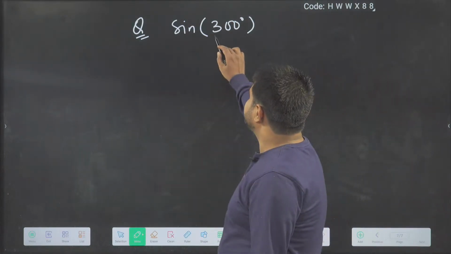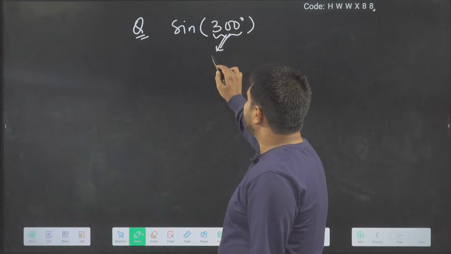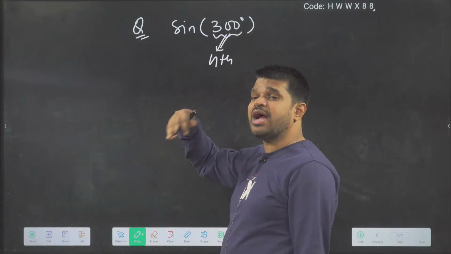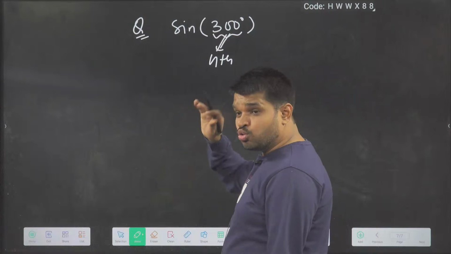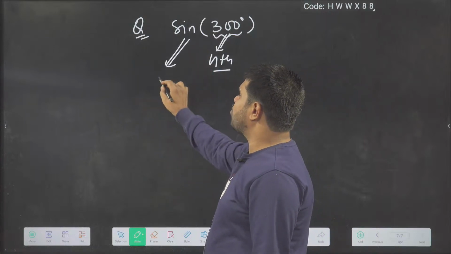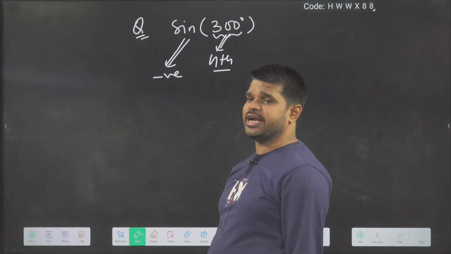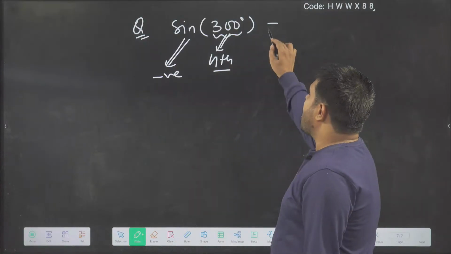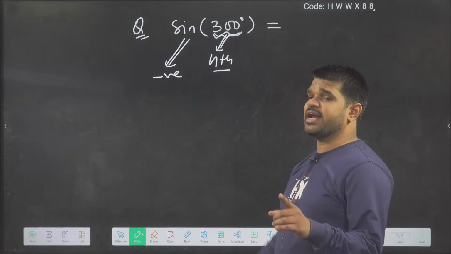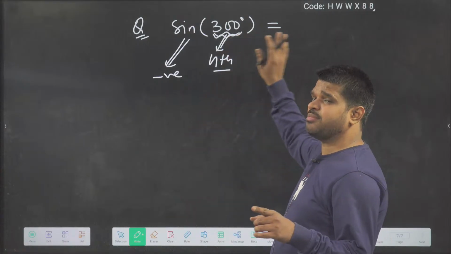First of all, fourth quadrant, 270 plus something, 273. 270 to 360 is the fourth quadrant. In the fourth quadrant, what is the sign? Negative. Sine theta is negative, so the answer is negative. 300 is close to 360, so I can write 300 as 360 minus 60.